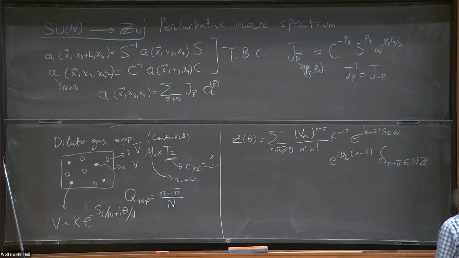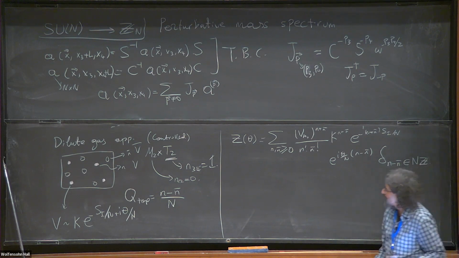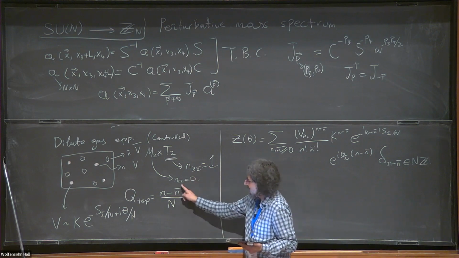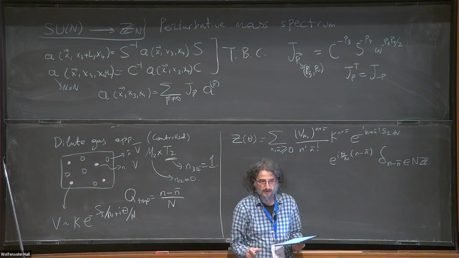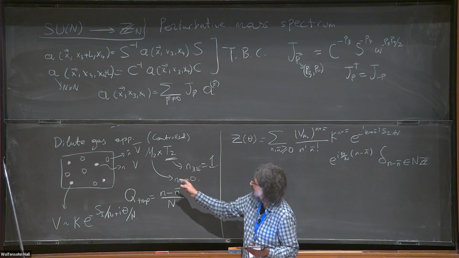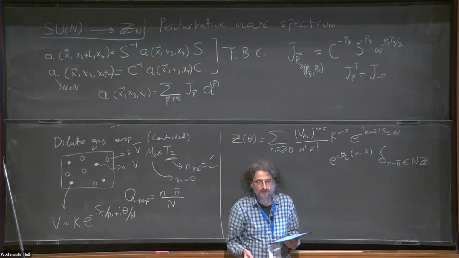To find the partition function, I need to do this sum in the dilute gas approximation. Because I chose n34 to be 1 and n12 to be 0, that tells me that topological charge must be integer. And I am taking some M2, either compact manifold or whatever you would like to choose.